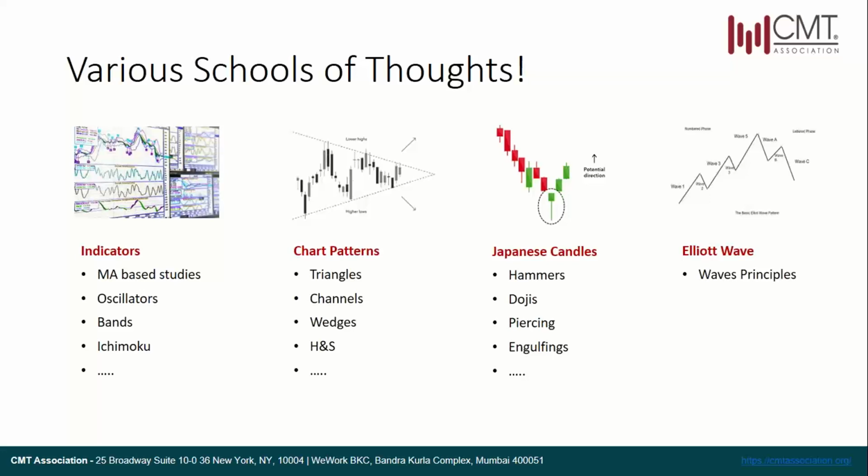Then there are pattern techniques, like triangles, channels, and all of that. And then we have Japanese techniques, where the practitioner of Japanese candlesticks would look for certain candlestick patterns to draw inferences regarding the prevailing trend. And then again we have Elliottians.